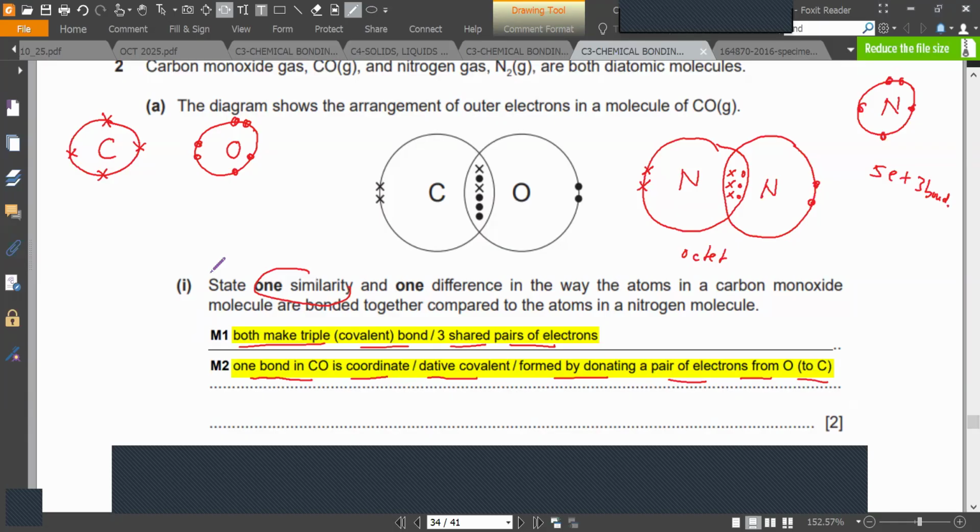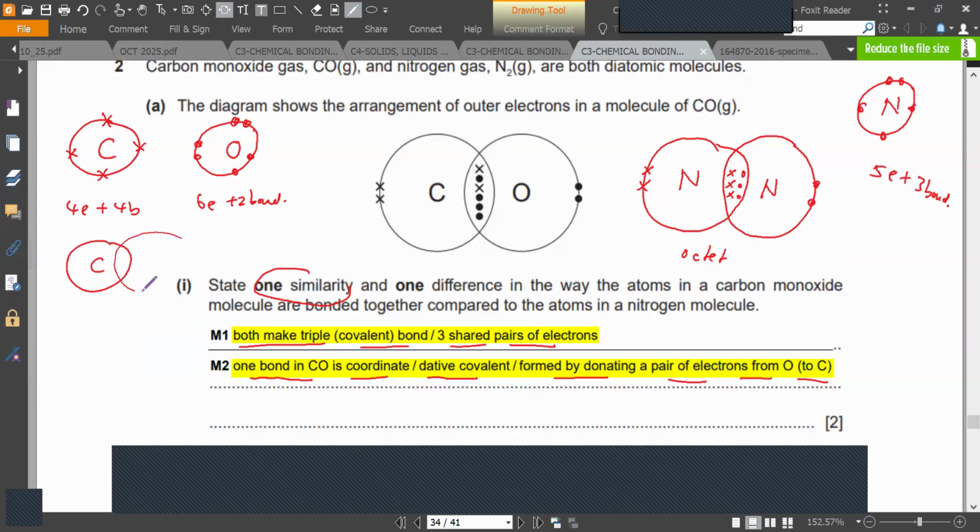So what is the best way to make sure that both of them get the octet? Carbon has 4 electrons, it needs to form 4 bonds. Oxygen has 6 electrons, it needs to form 2 bonds. So what do we start with?